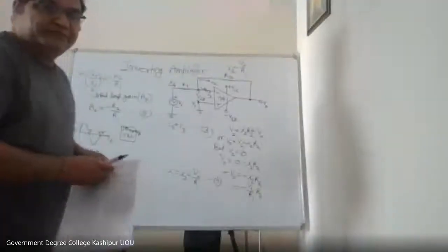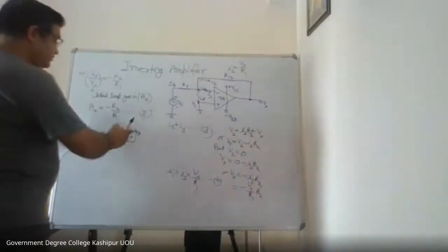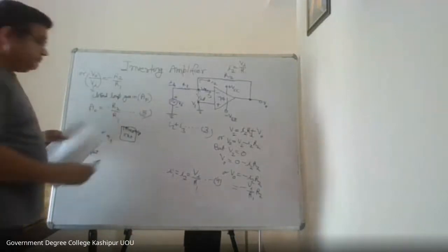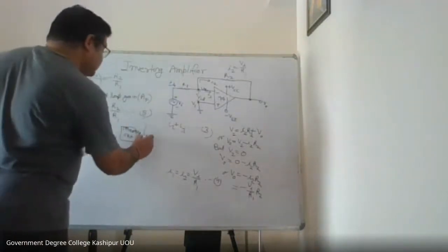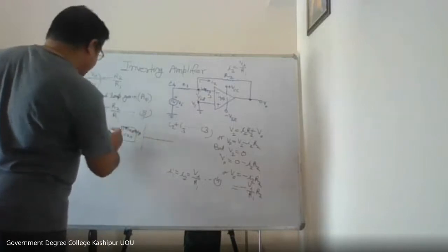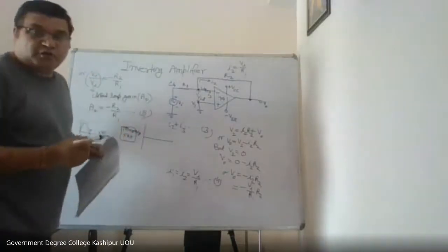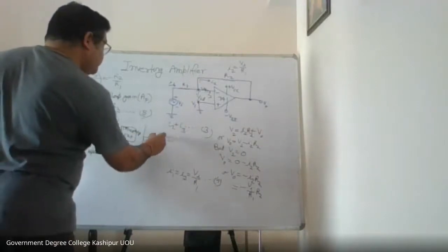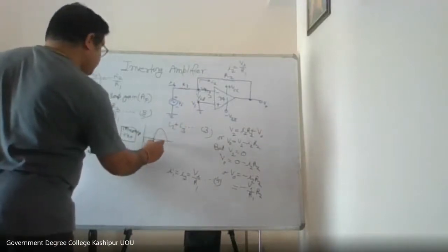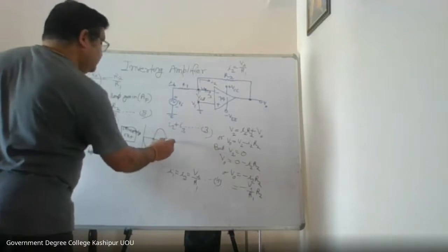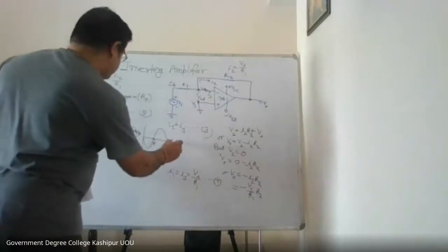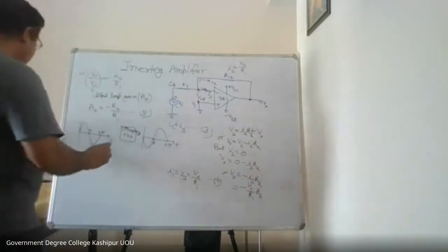Then output will be out of phase. If we apply this input signal to the inverting circuit, output will be like this, out of phase. There will be a phase difference of 180 degrees. This is the output, this is sin omega t, this is out.